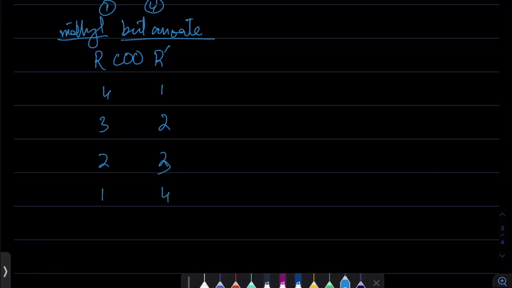Now, within these isomers, I can get branches. So for example, in this one, I can get a branch which is just straight. And yeah, that's it. I don't think I can get a different branch in here. Because यहाँ पे इस तरह होगा ना, तो ये किसी branch में जा नहीं सकता. But on this side, again, it doesn't matter which side you're talking about. इस side को आप alcohol वाली side बोल दो, उस side को दूसरी side बोल दो, it's up to you.